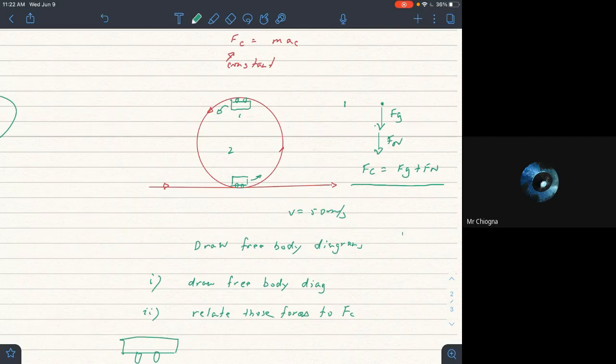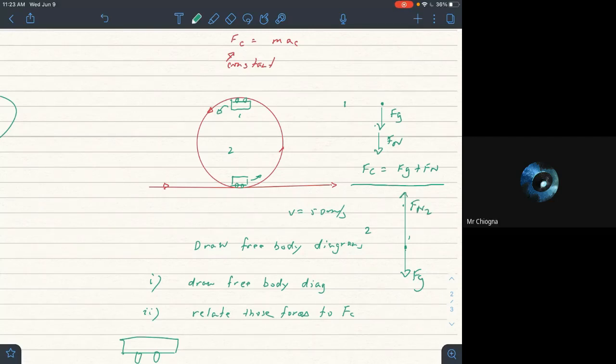This is scenario 2. G is pointed down. Let's point it up. Yeah, it's a different Fn. Call it Fn2.